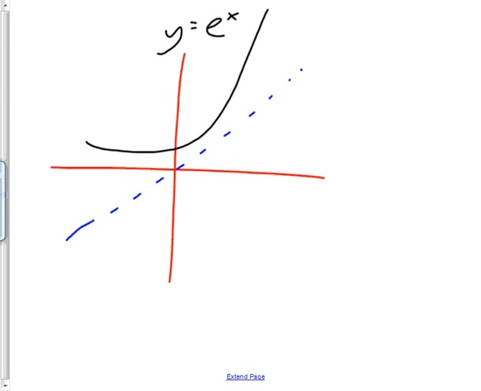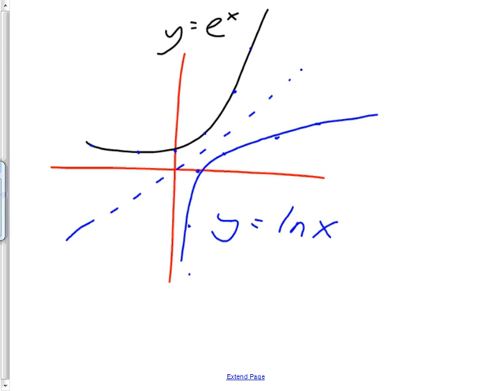If you go straight across the line from this point to that point, and this point to that point, and so on, eventually you'll get this graph, which is the graph of natural log.